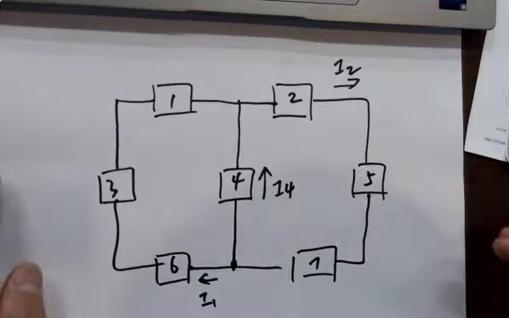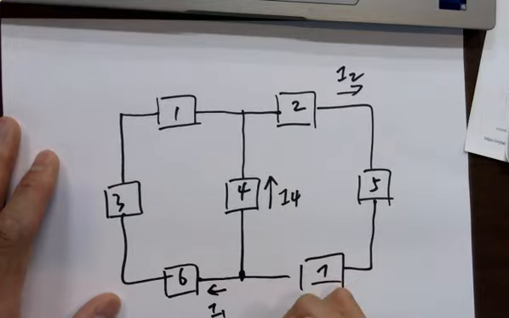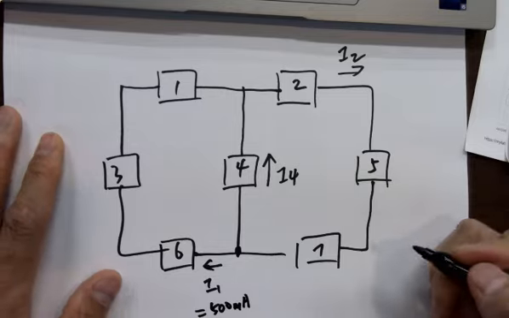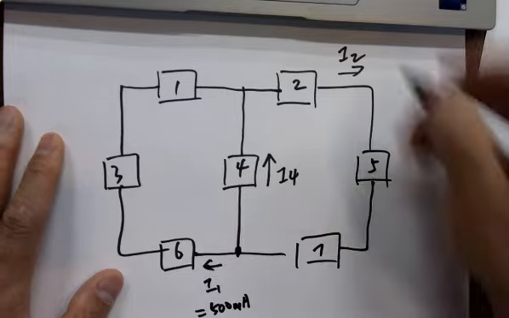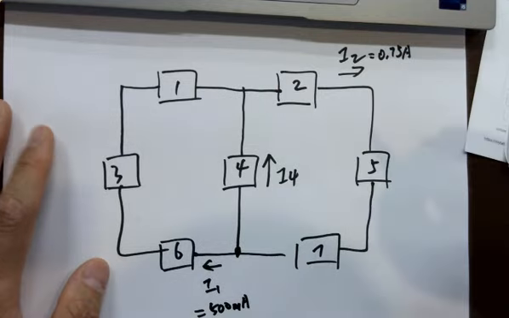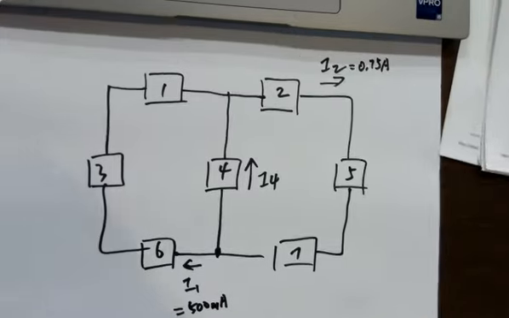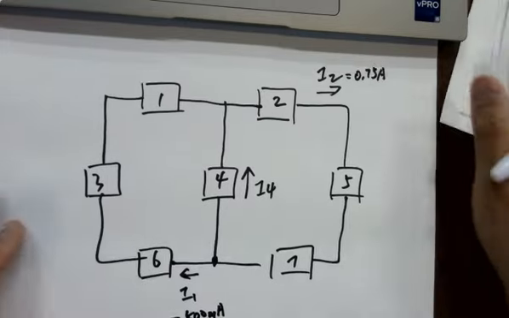It's given that I1 is 500 milliamps, and I2 is 0.75 amp. It's asking what is I4. Which law do we apply here?